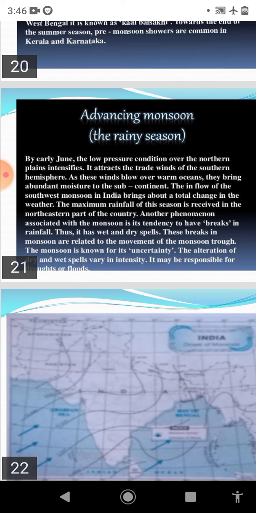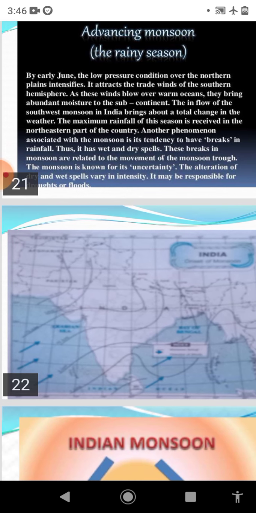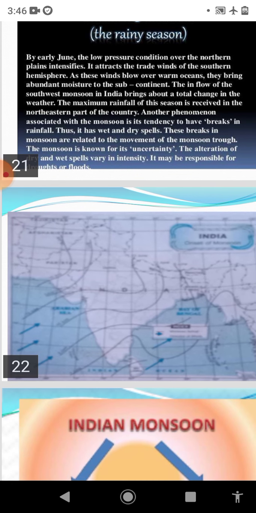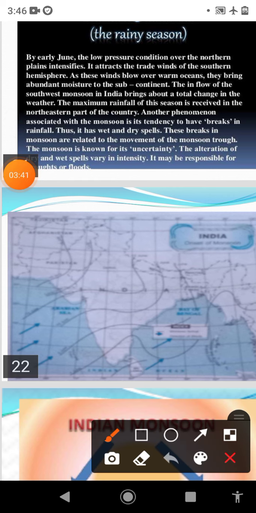The progress of the monsoon winds beyond South Kerala is in the form of two branches, and it is only due to the peninsular shape of the country. If we take this shape of our country, what you can observe here is that due to this shape, the southwest monsoons divide into two branches.